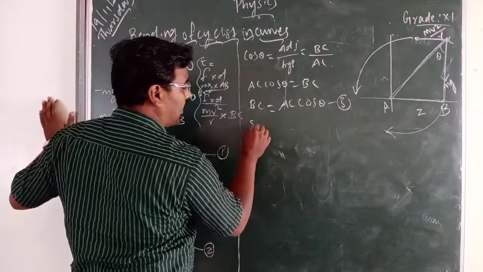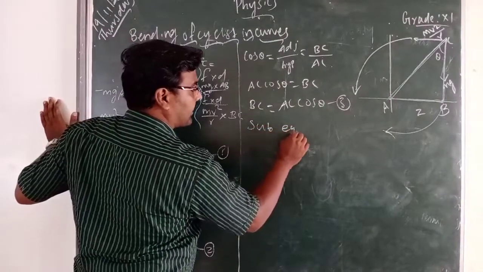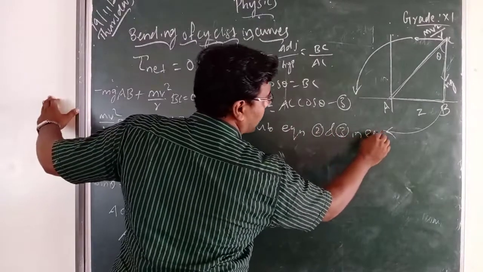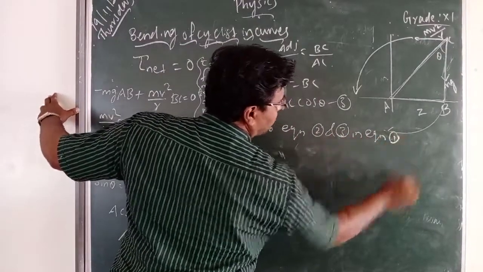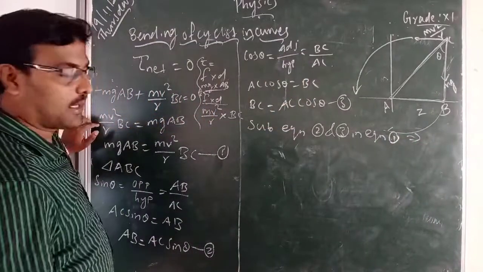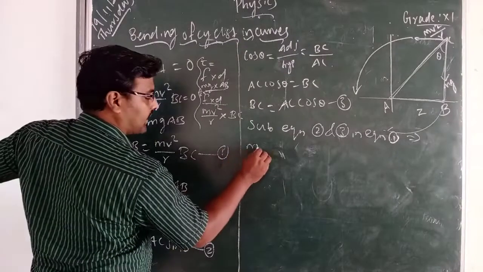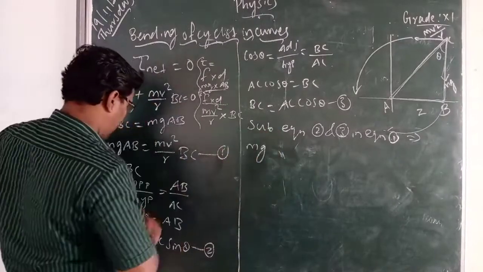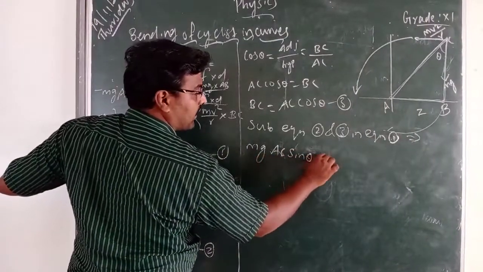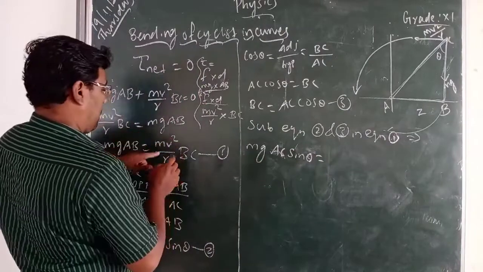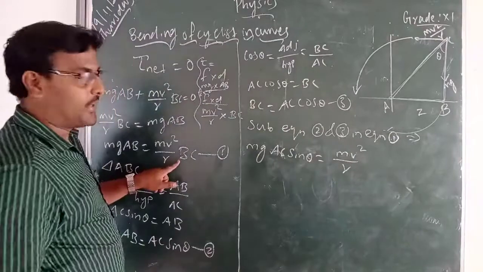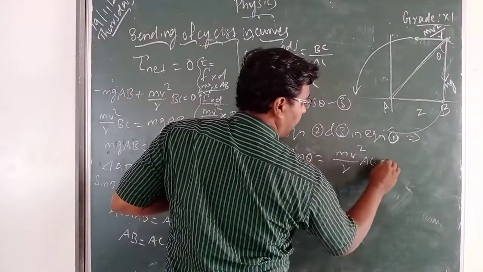Now substitute equations 2 and 3 in equation 1. This is equation 1: mg, instead of AB, AC sin theta, equal to mv square by r, with BC value AC cos theta.